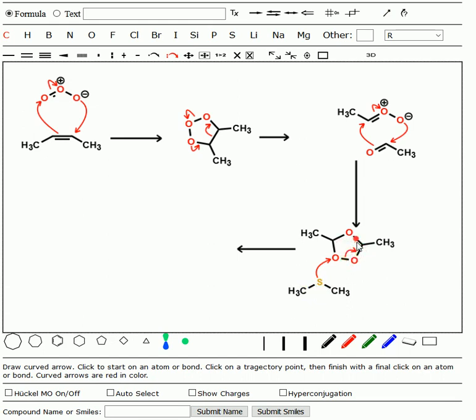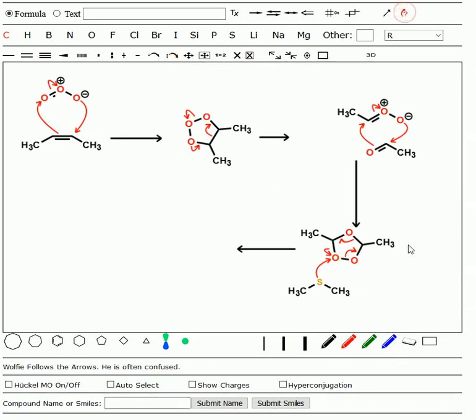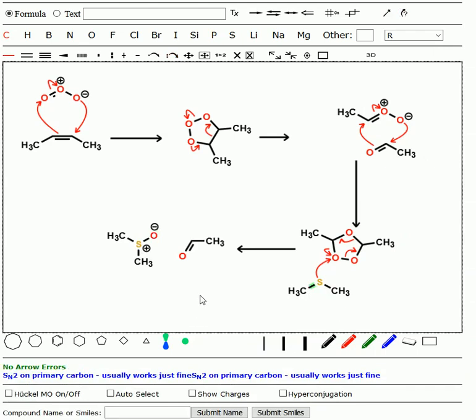This then goes and forms a carbonyl there, and then this bond gets kicked out back to adding electrons to that same oxygen. So what this is going to give us is an aldehyde, and it gives you a dimethyl sulfoxide.